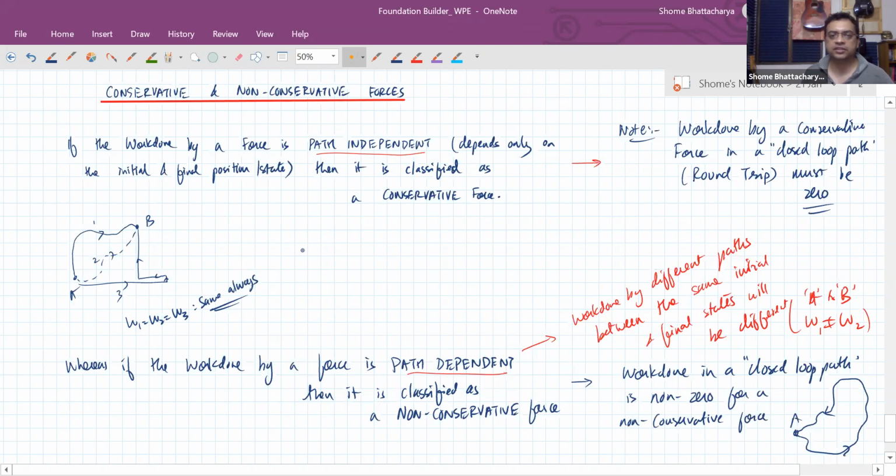So not only the definition is important, the property about closed loop path is very, very important. That is the first important property you should know after the definition of conservative and non-conservative. If it is a conservative force, then in a closed loop path, you're coming back to where you started from, the net work done by the force must be zero. If it is non-conservative, it will be non-zero.